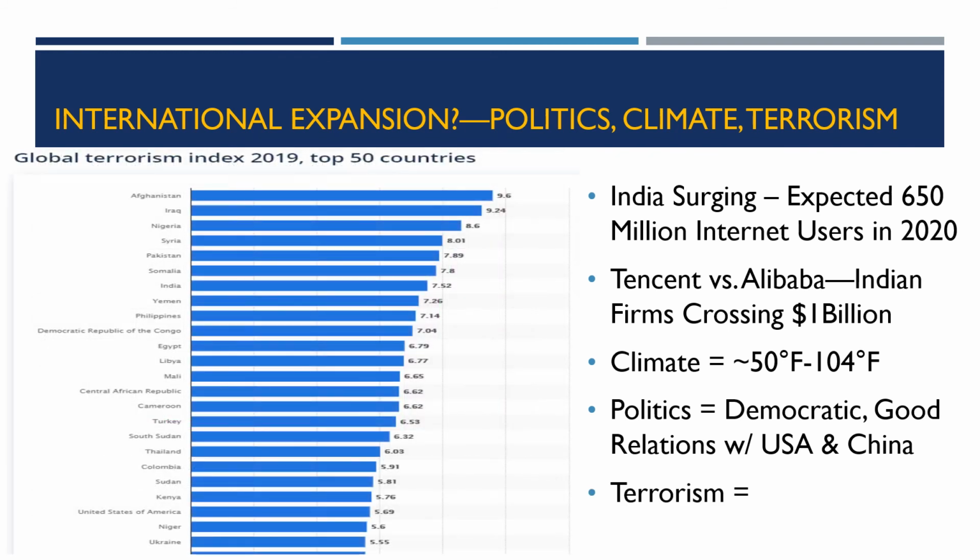And terrorism equals, well, let's see, if we look at the Global Terrorism Index from 2019, we can see the top 50 countries here. They are number 7 on the list, which isn't fantastic, but, not to sound insensitive or too frank, it's almost a way of life in this country and some of the other countries amongst the top of this list, because they do deal with such different issues than we see here in the States.